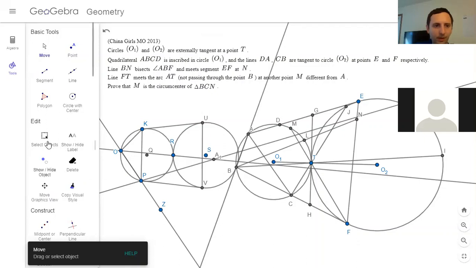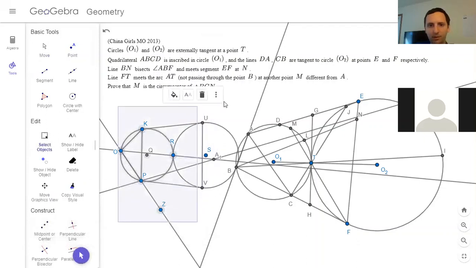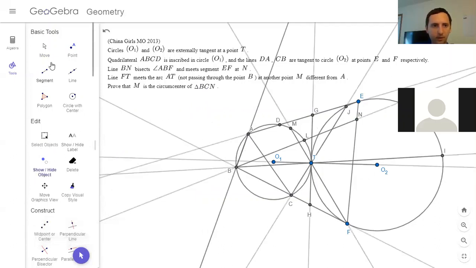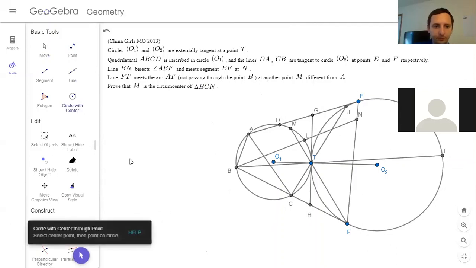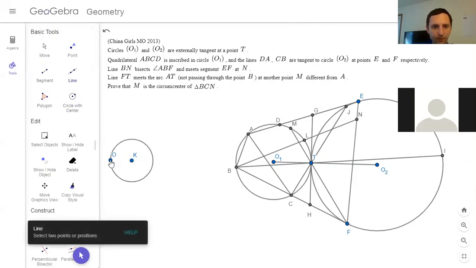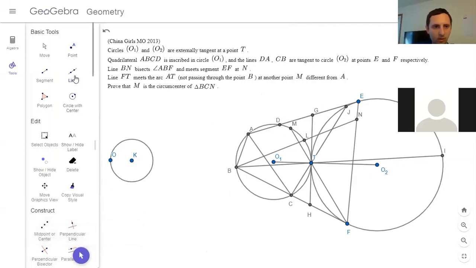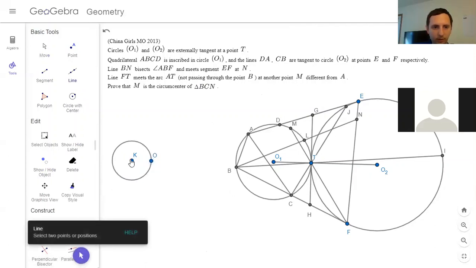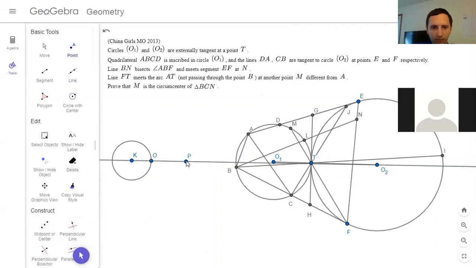So let me redo this. So I have, let me draw, so this will be the point of tangency, and I have this point, and basically I want to draw, well, first I want to draw this circle.